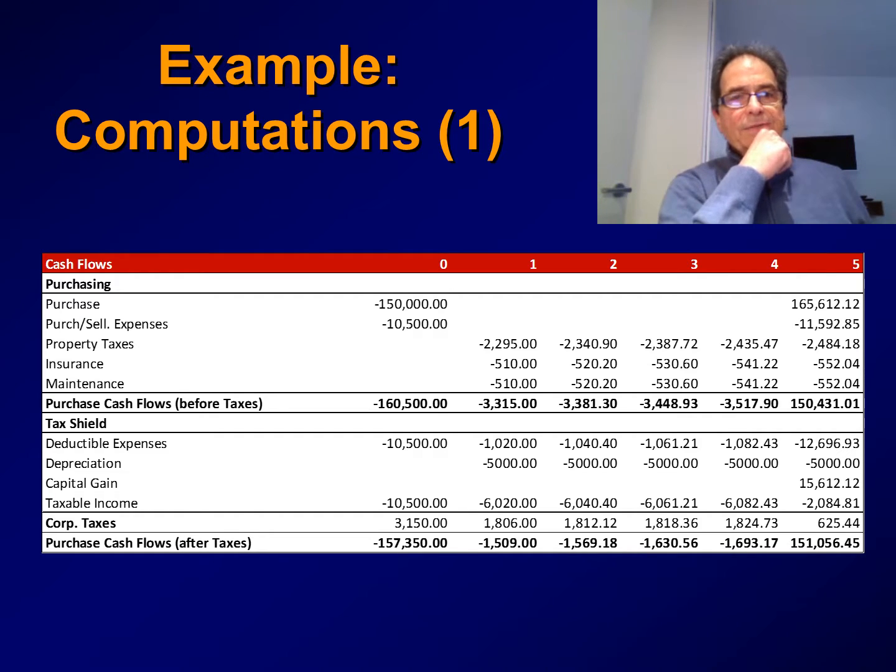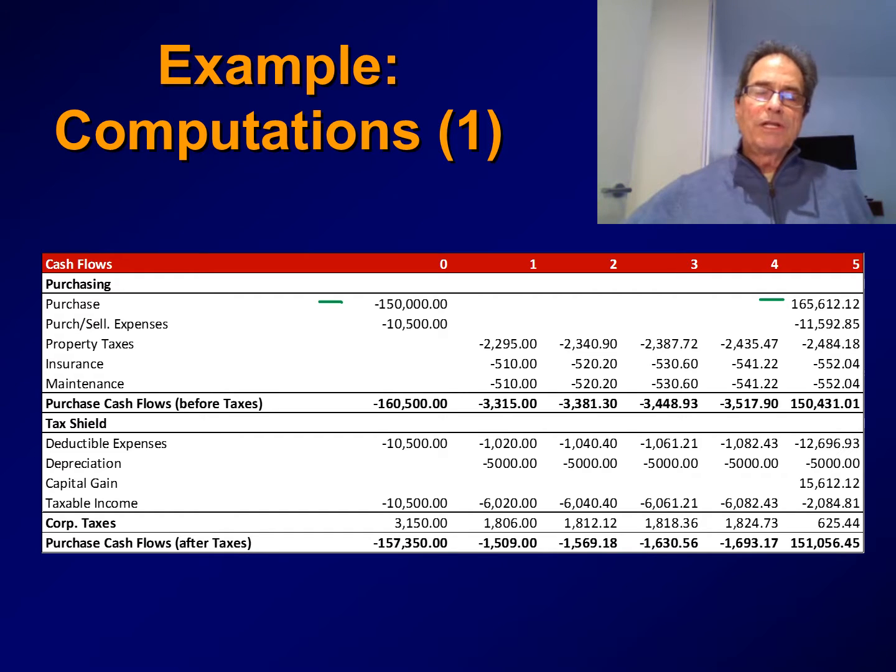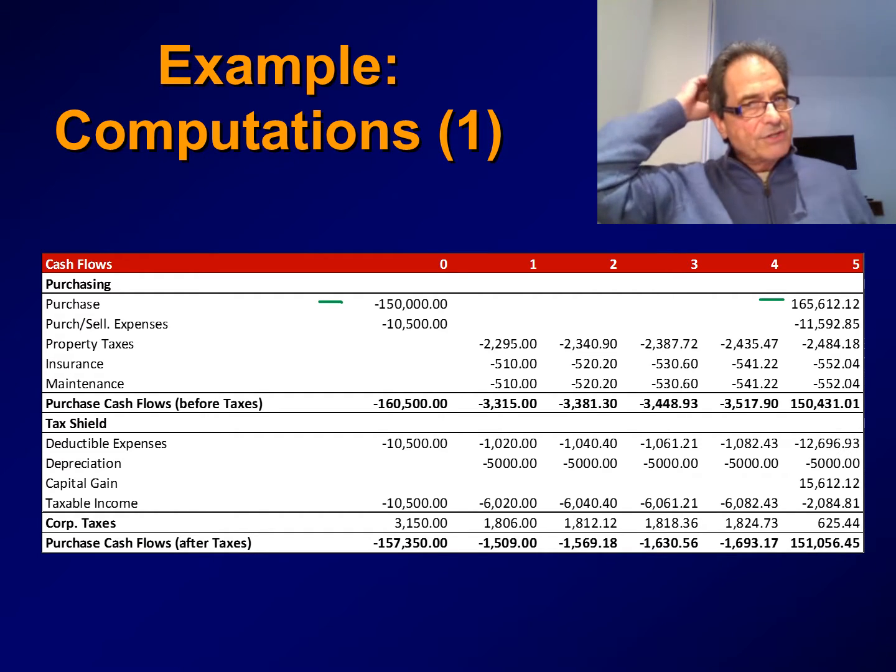Let's do the analysis. First, let's look at the cash flow of purchasing the property cash. So here we see the different items. First, the purchase cash flows at the beginning minus 150,000 and the end plus 165,612 with 12 cents. This last value represents the initial value of the property plus 2% cumulative additional value over the years.